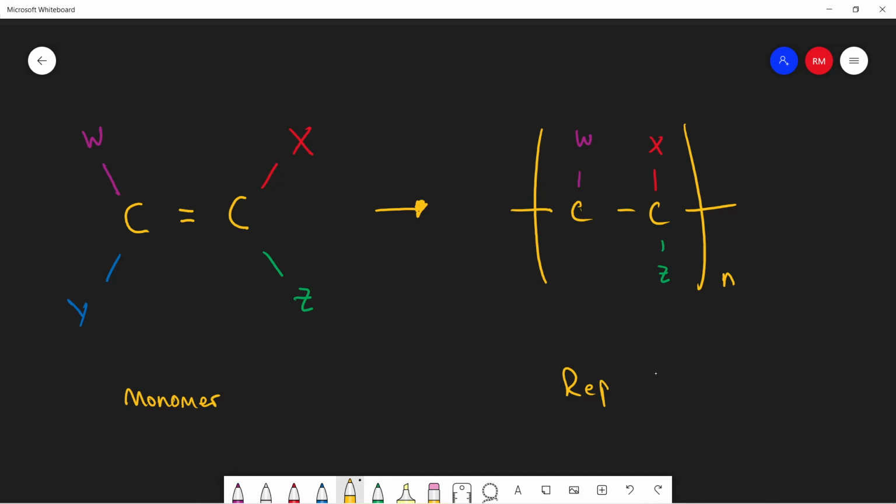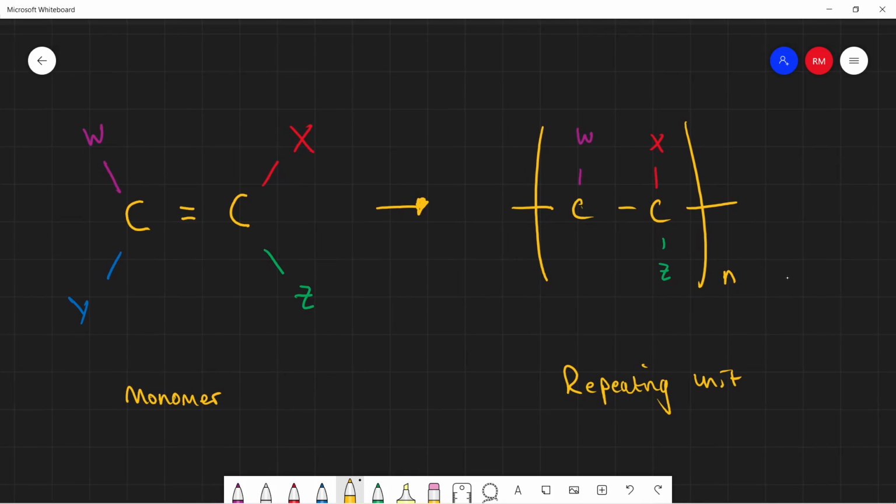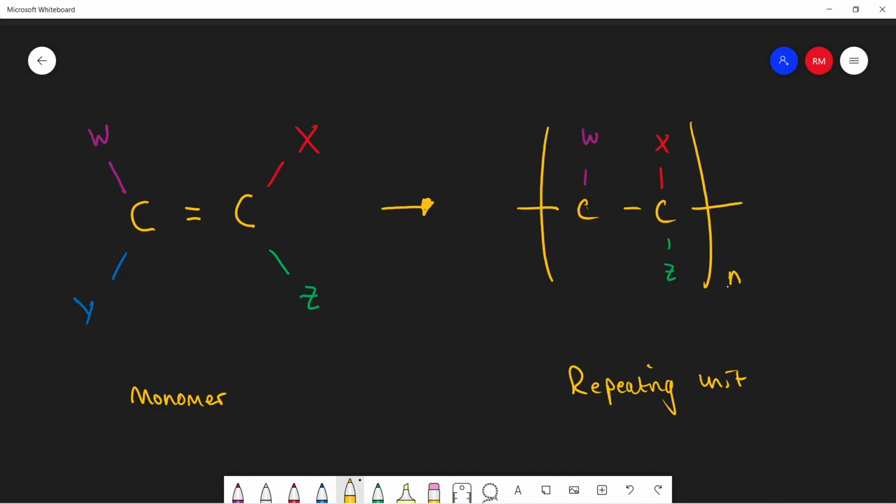is technically defined as the repeating unit, as given by n. N is just a number representative of the amount of chains in that polymer, but it's typically not defined, at least at A level it's not.